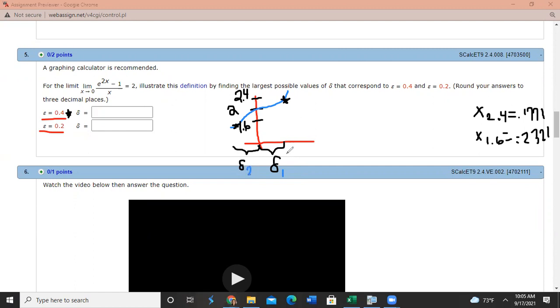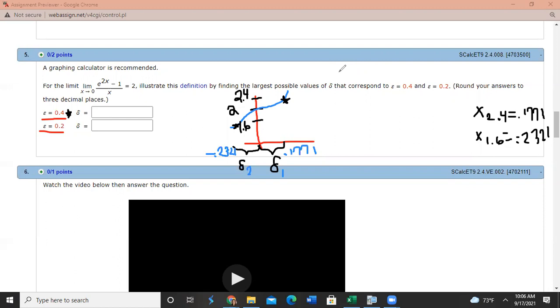I'm going to go ahead and make this bigger again. So we're going to find pretty much the distance between 0.1771 and 0, and the distance between negative 0.2321 and 0. Now it kind of works out good that it's to 0, because you don't really have to do too much math to figure out what the distance between these would be, right? Because the distance from 0 to 0.1771 is just 0.1771, and the distance from 0 to negative 0.2321 is just 0.2321.